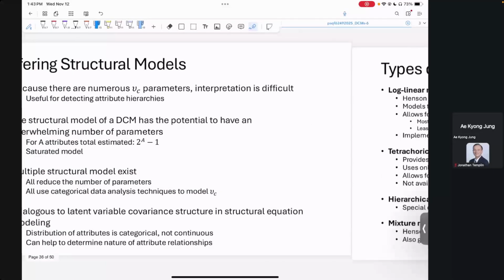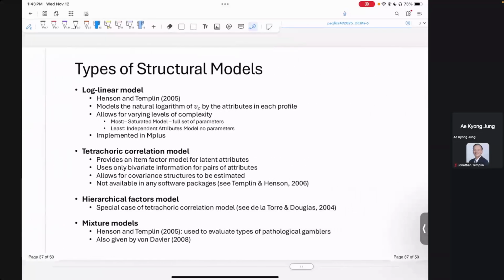So let's see what kind of models we can use. One is the log linear model, tetrachoric correlation model, hierarchical model, and mixture model. And here, we are going to focus on the log linear model and the tetrachoric correlation model.